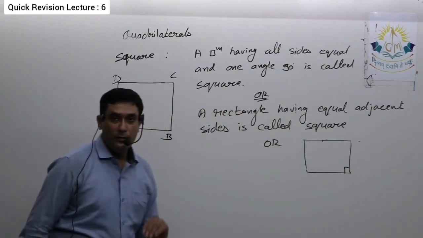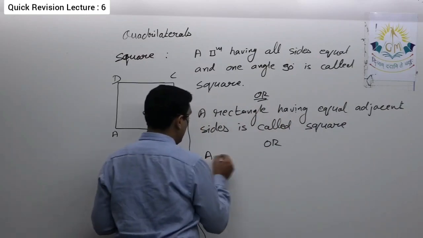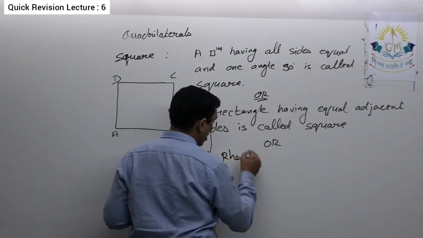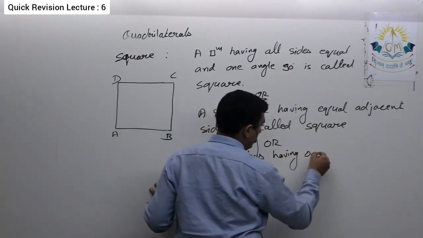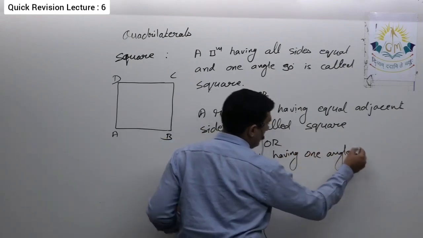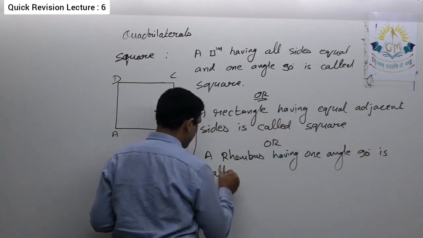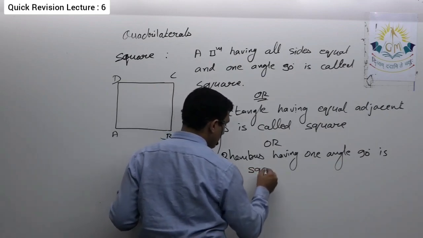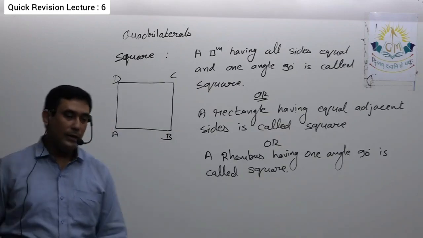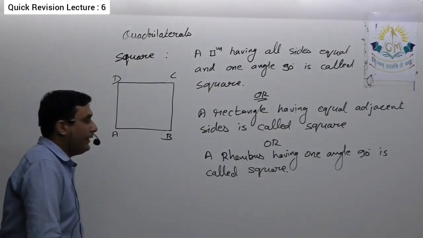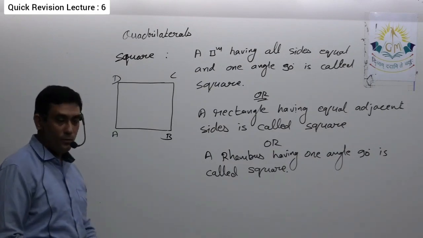That means a rhombus having one angle 90 degrees is called a square. So these are the definitions of the square. We can define the square in terms of parallelogram, in terms of rectangle, as well as in terms of rhombus.